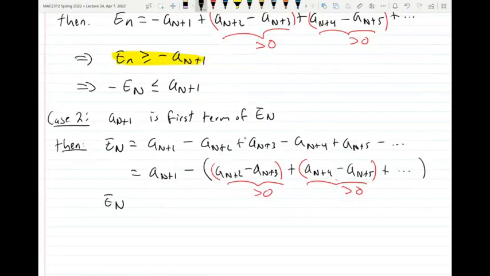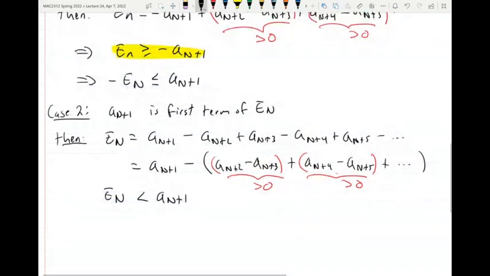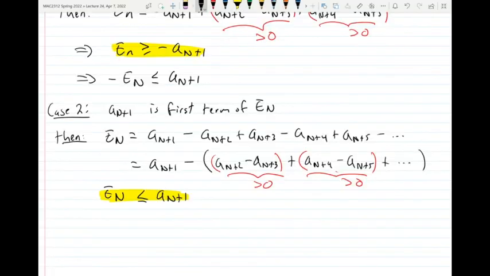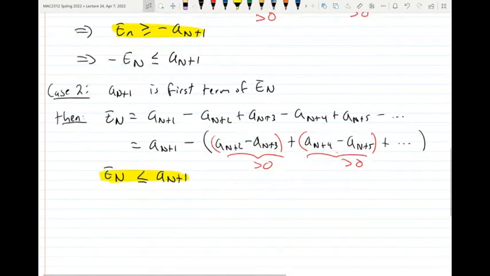So E_n is going to be less than a_(n+1). So moral of the story, if we pair the two highlighted conditions, what do we have? E_n is greater than or equal to minus a_(n+1), and then less than or equal to a_(n+1). So it's between those two numbers, okay?